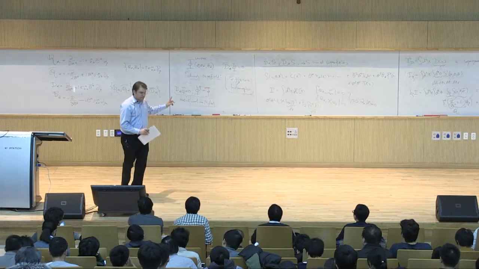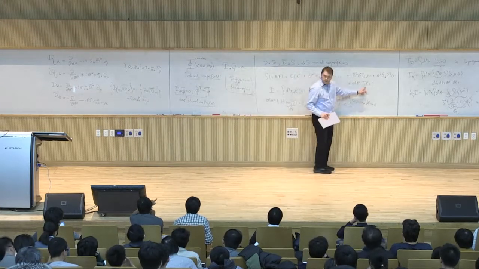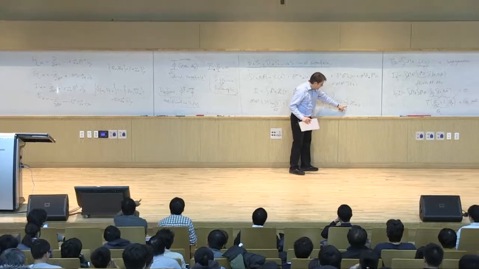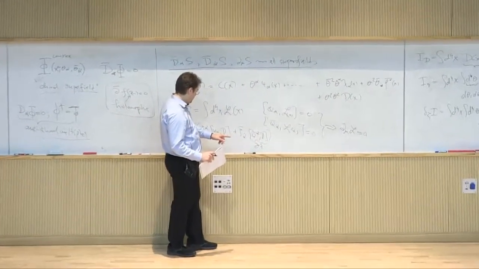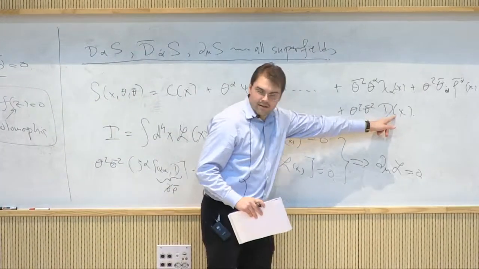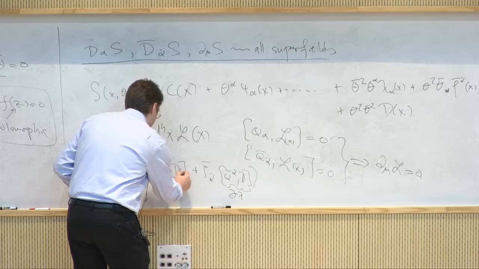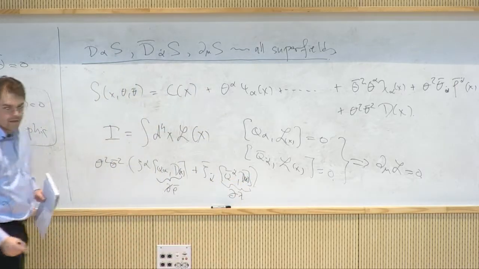Sorry, which D? There are a lot of Ds on the board. The one in the last line, within the commutator. These Ds are just functions of x, right? Yeah. Sorry, I'm always trying to write D of x to emphasize that.